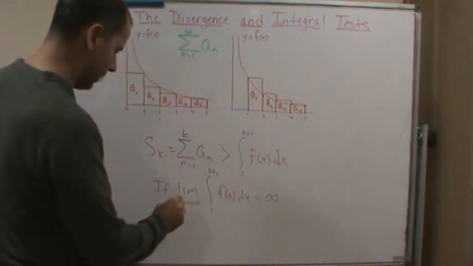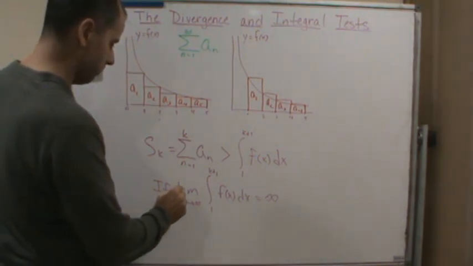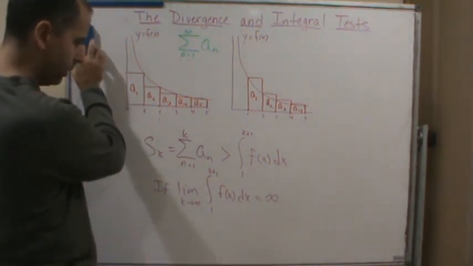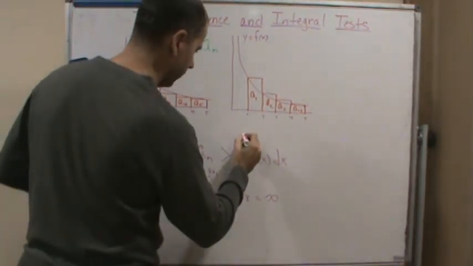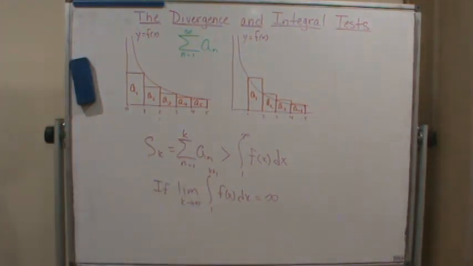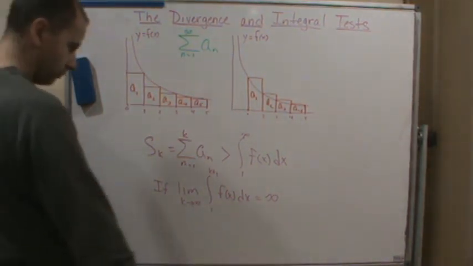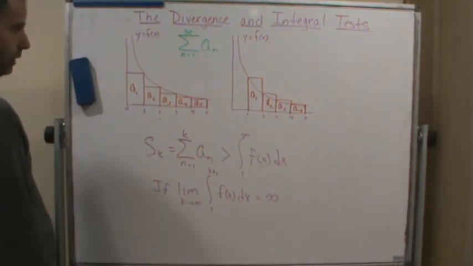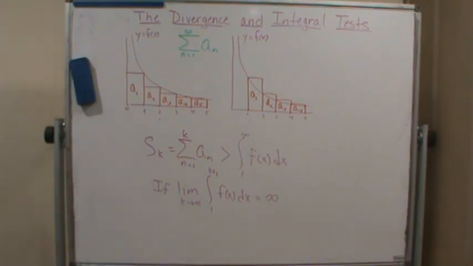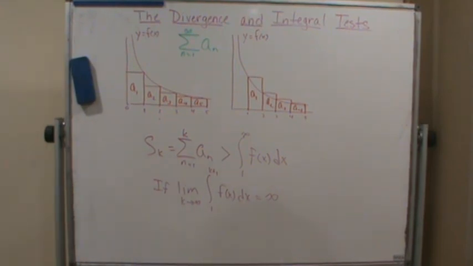So basically we can conclude that if this diverges, then the series diverges. And that's it. So next we'll introduce the theorem for the integral test.